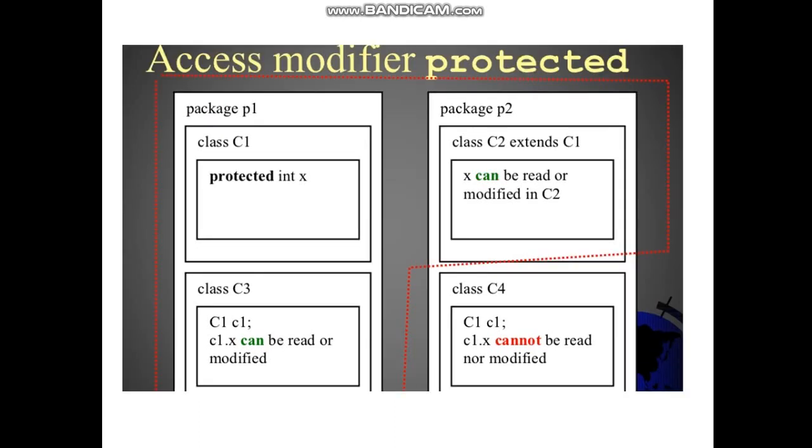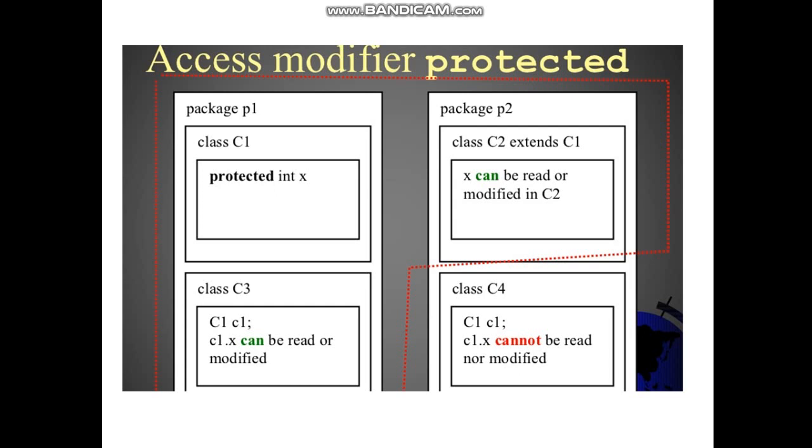Now if I am giving the access modifier as protected, that means X can be accessed within the same package, that is within the classes C1 and C3, as well as it can be accessed within any other class in any other package that extends this particular class in which that particular variable is defined.